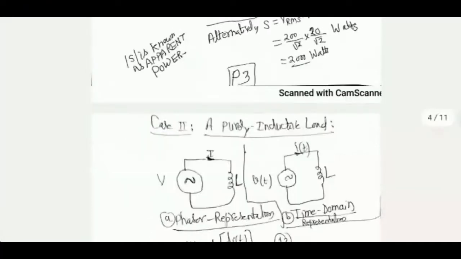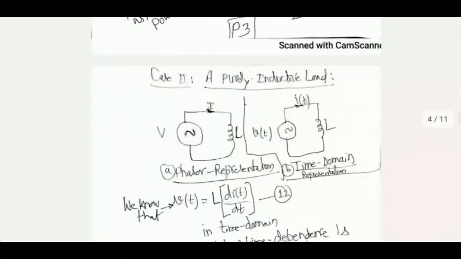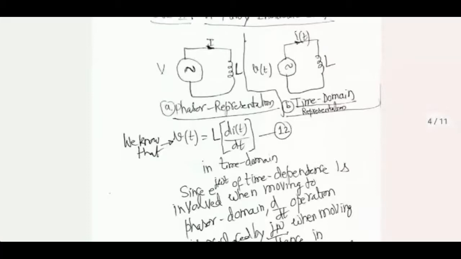using phasor technique, purely inductive load. In time domain, the formula was small v equal to L d small i by dt. When you go to phasor domain, remember that e to the power j omega t type of time dependence has been assumed, although we don't write it in phasors all the time.